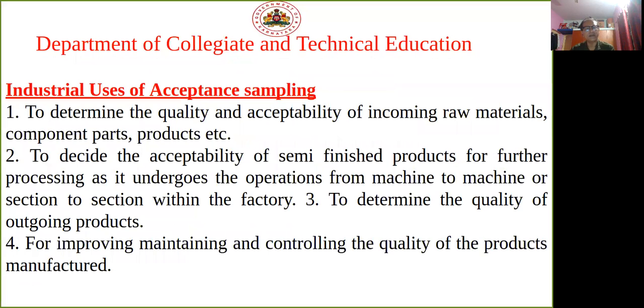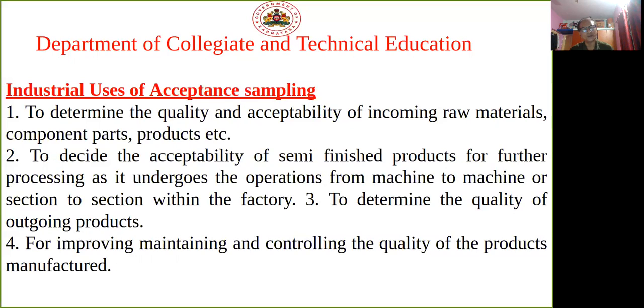The next point that we are going to study is where exactly in the industry we are going to use this. That is called the industrial uses of acceptance sampling. In industry, how will this acceptance sampling be used?